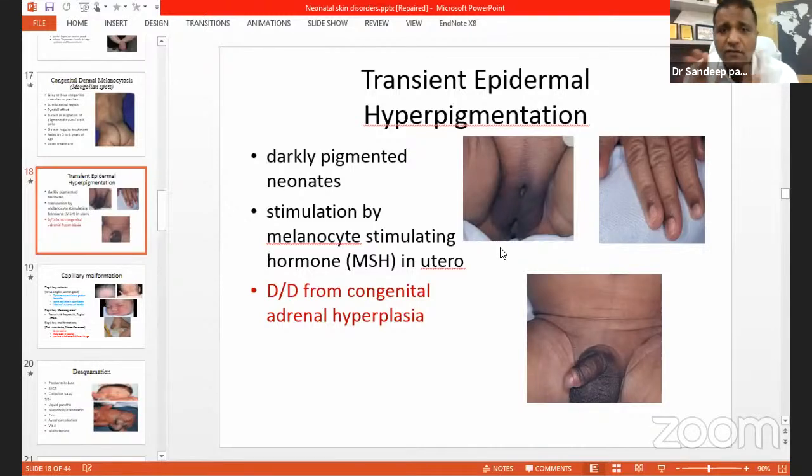When you see this kind of hyperpigmentation in a baby with blood pressure instability, potassium imbalance, usually presenting at 2 to 3 weeks of life, it is usually CAH, congenital adrenal hyperplasia. Try to check the sugar, check the blood pressure, send serum electrolytes, and send 17-OHP, and treat it as a neonatal emergency, because such babies are going to succumb if we are not treating with steroids.